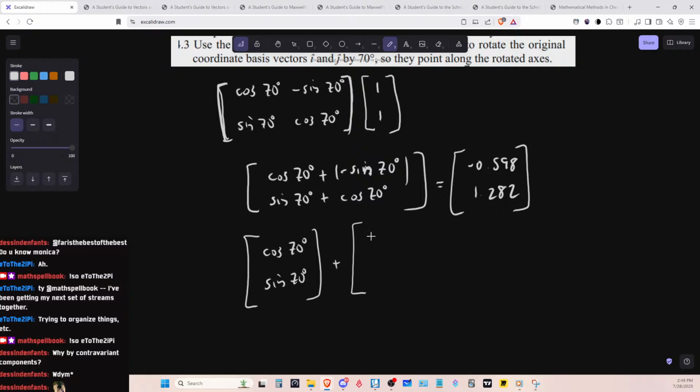Opposite, it would be negative sine of 70 here. And then if it's at 0, that means sine of 70 here.